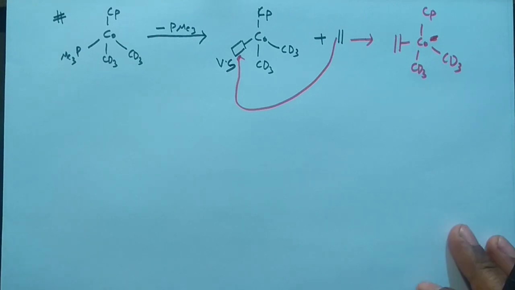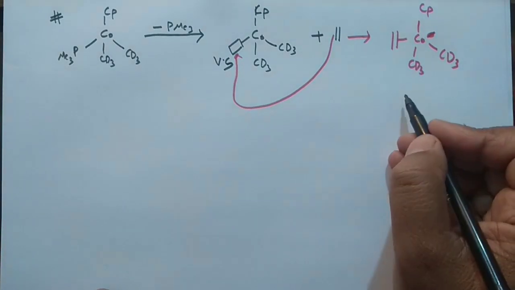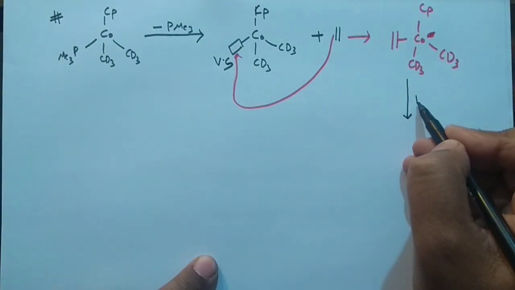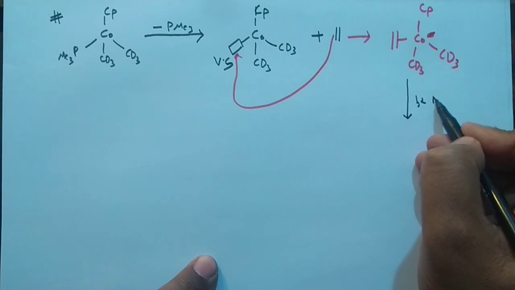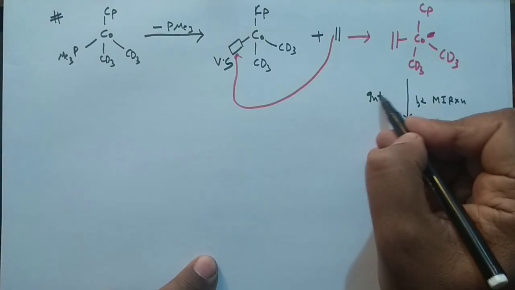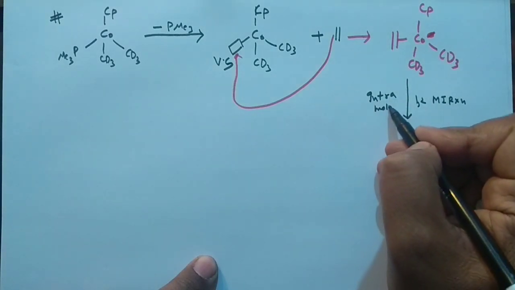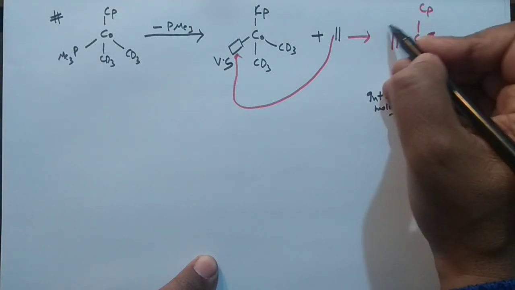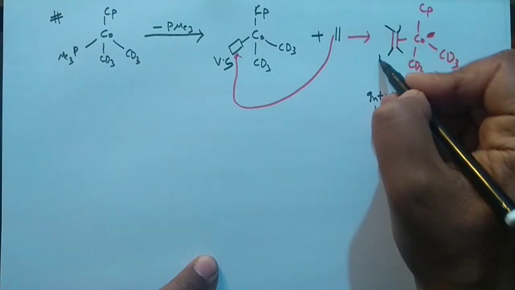Actually it is not related to the beta hydride elimination reaction, but it's a multi-step reaction. So here you can see 1,2 migratory insertion reaction would occur, and that would occur intramolecularly. How intramolecularly? Because you see these hydrogens are over there.